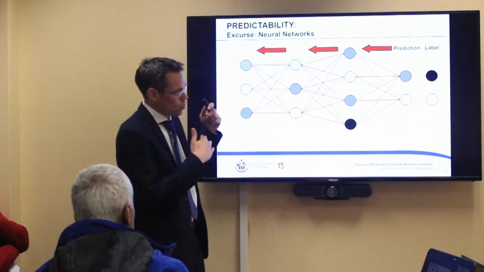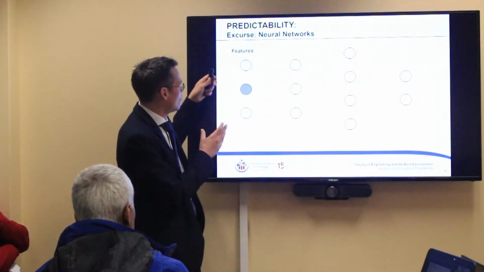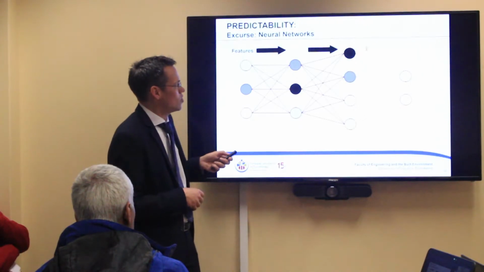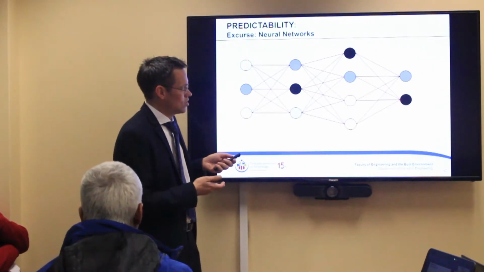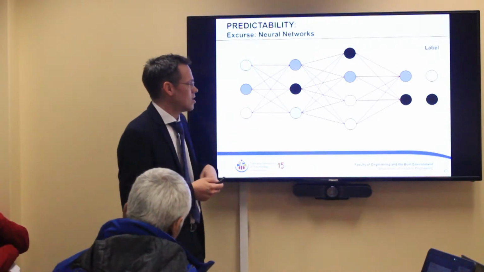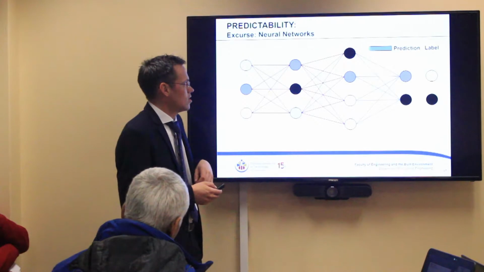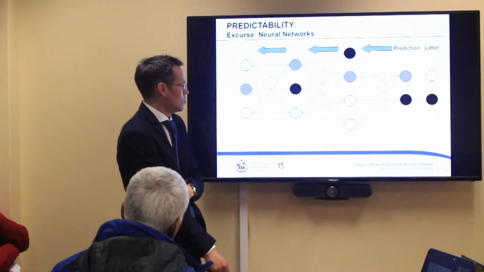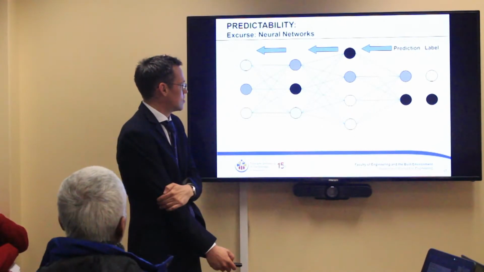And when it has done this one time, it will take the next set of data, process it forwardly, derive a prediction, compare the prediction with the so-called labels, and then backpropagate the weights to derive a better prediction the next time.